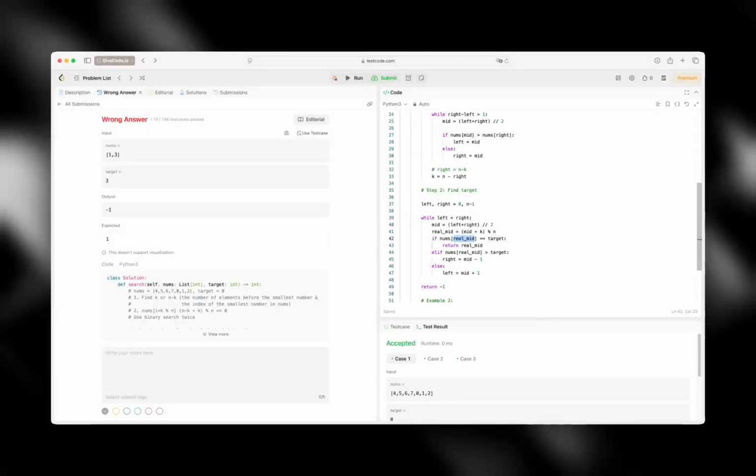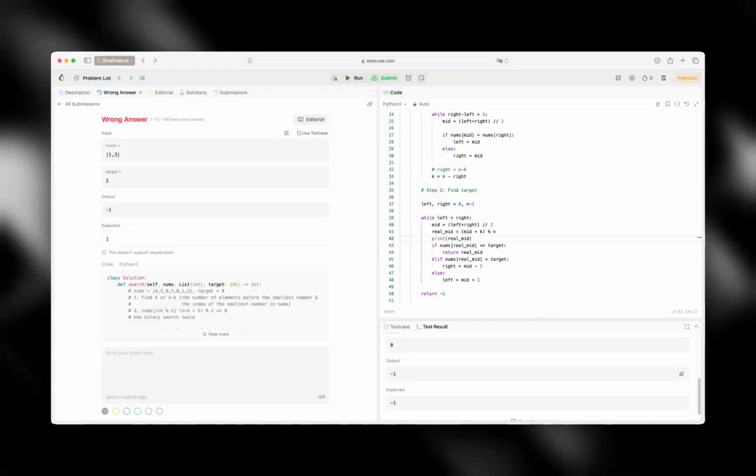And if real mid is equal to the target, we should just return real mid, right? I just want to print out real mid here so that I can see what I'm. So what's surprising here is that this test is not. Oh yeah, it's not passing. Yeah, wait, what?